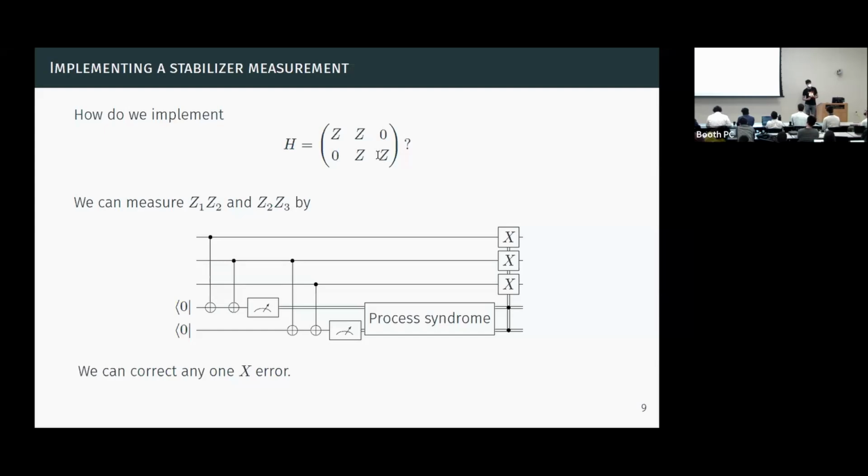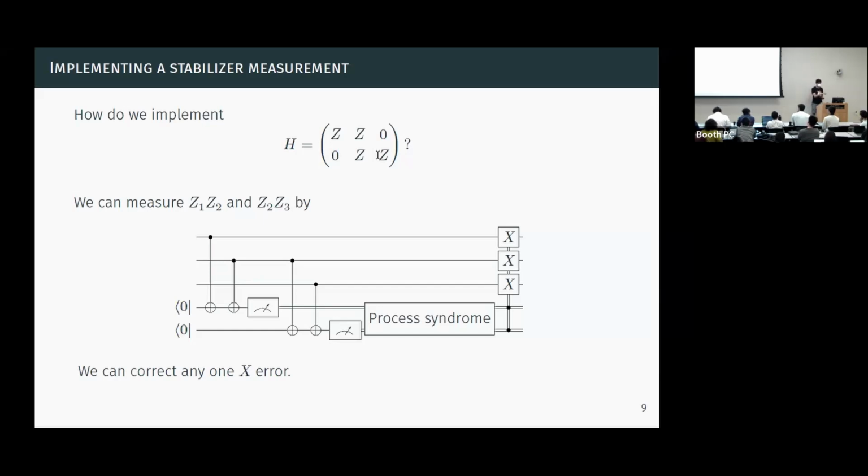Yeah, so these are not going to be code words. They are in the parity check matrix. Rather, they tell you measurements to do that tell you when you're not in a code word, right? If you recall the parity check matrix, if you multiply it with the bit string, you get 1 if it's not a code word.